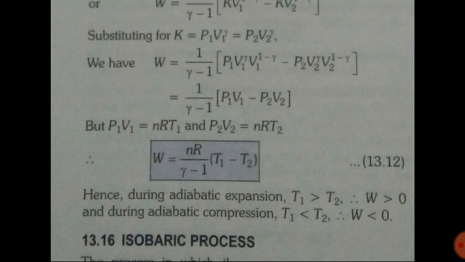Here the work depends on the difference between the two temperatures. If T1 is greater than T2, work will be greater than 0, which means expansion. But if T1 is less than T2, work will be less than 0, so we will have adiabatic compression.